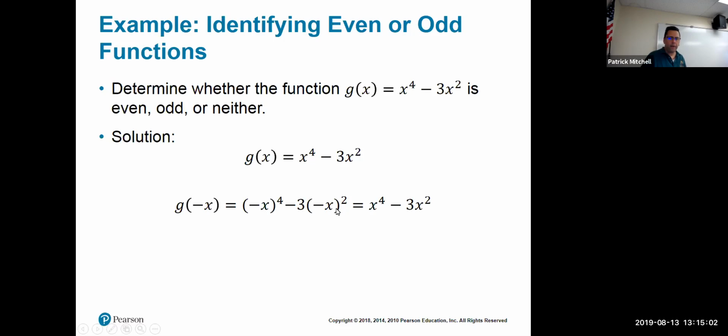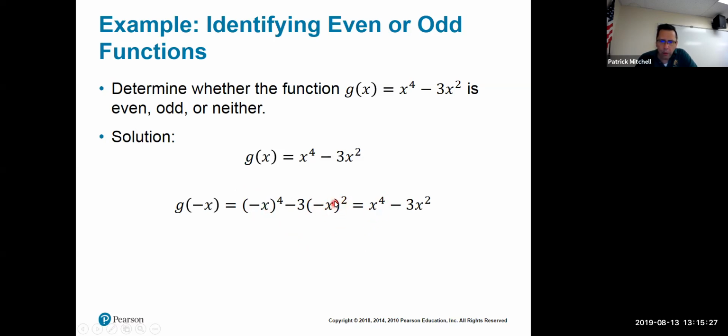x squared. Okay. Now, because these exponents are even, you probably know that when you raise a negative number to an even power, the answer is positive. Okay. So what that means is that the fourth power of opposite x is exactly the same as the fourth power of x.